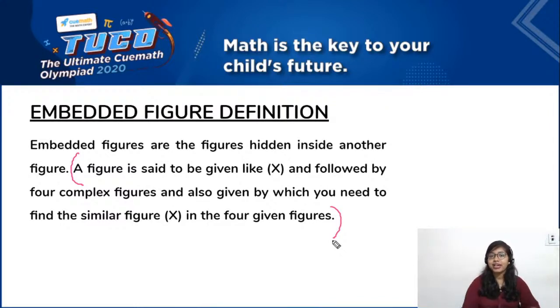We used to frame the puzzles using the picture that was given to us. So that's the best example of embedded figure and figure formation. By looking at the actual picture, we try to get the bits and parts of those puzzles and try to join them up. So each of these parts is known as an embedded figure of the main picture. Okay, so that is one of the ways to understand embedded figures.